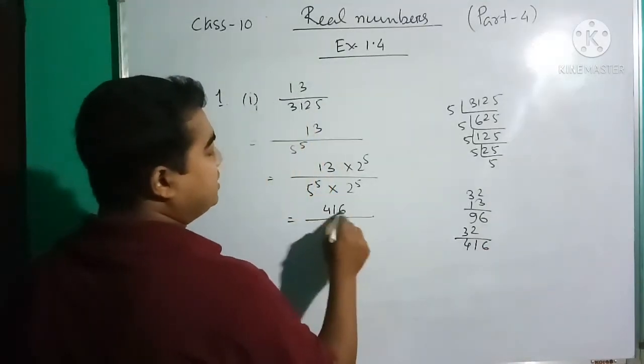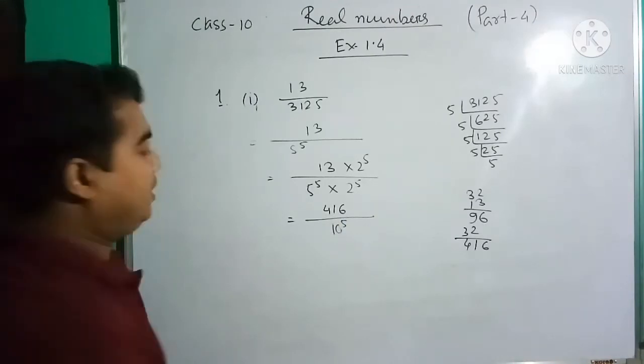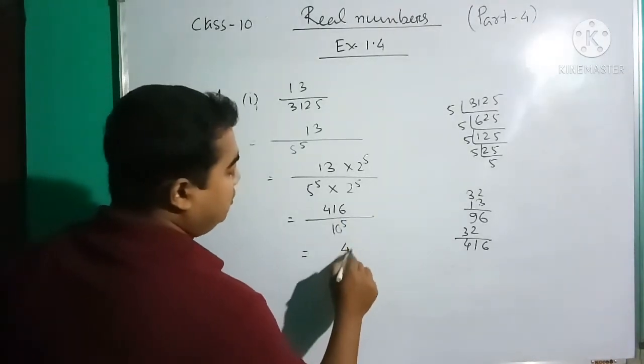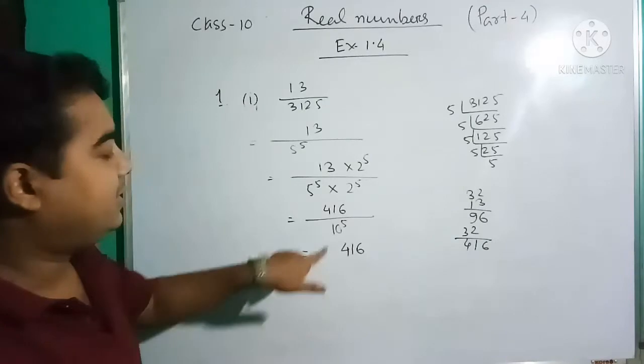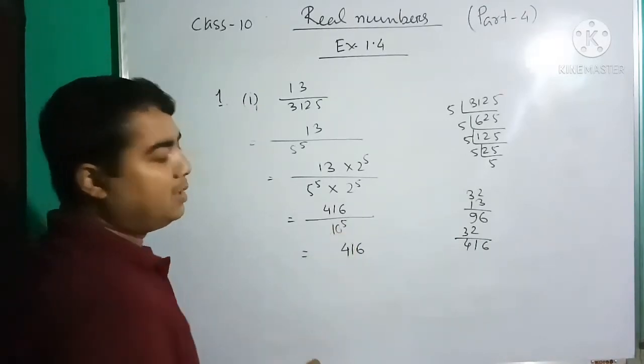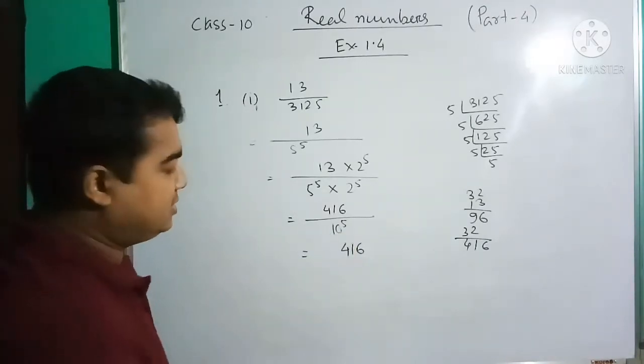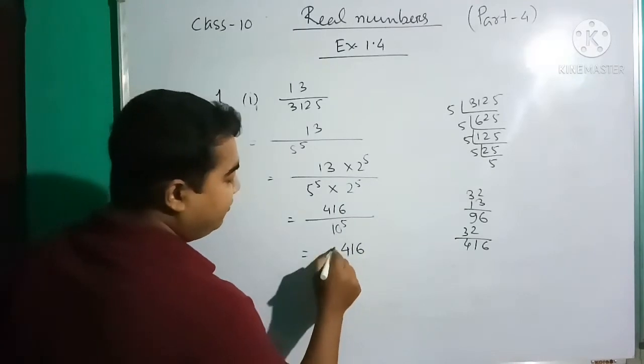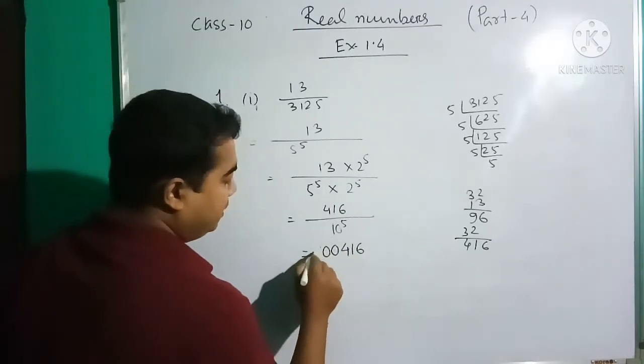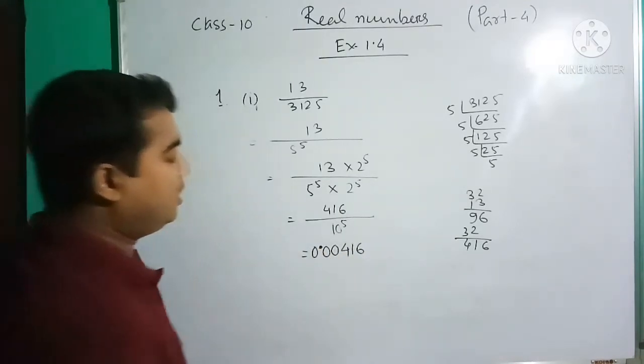That means 416 by 10 to the power 5. Then write 416 in decimal: 10 to the power 5 means give the decimal point 5 places, 1 2 3 4 5. Give one more decimal. This is the answer.